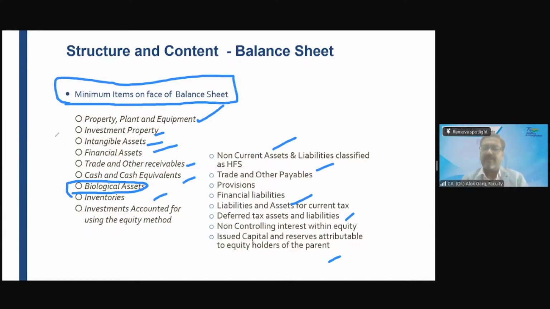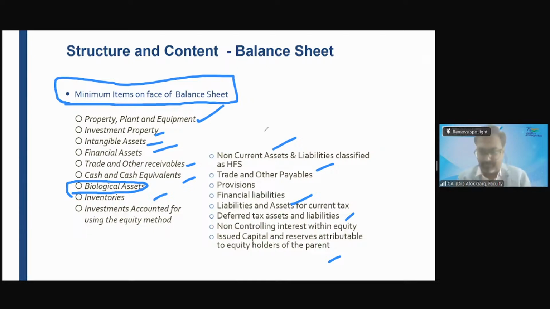And if any line item is missing in Division 2 of Schedule 3, but it is given in paragraph 54 of Ind AS 1, and the company has that item, it is required to be disclosed. Is that clear? Yes, sir.